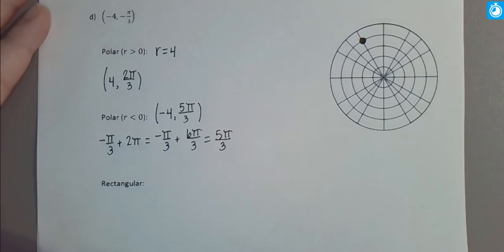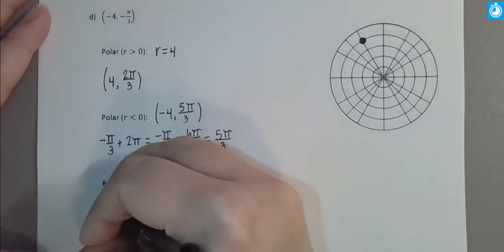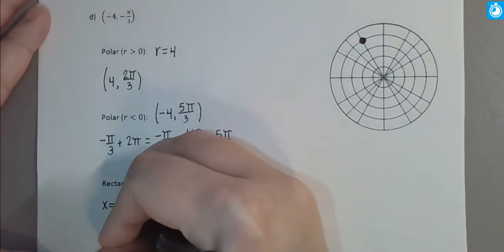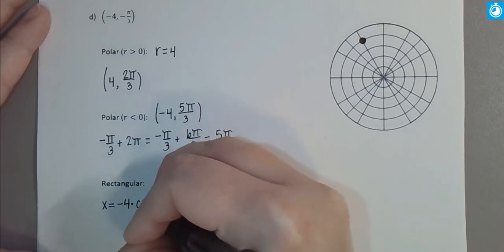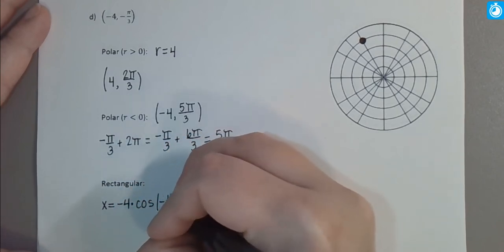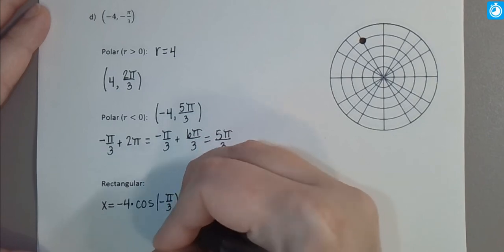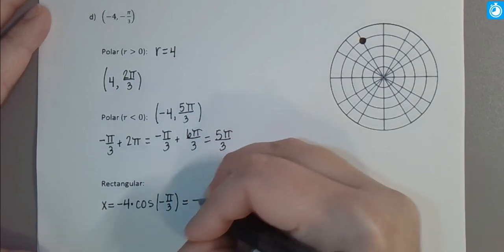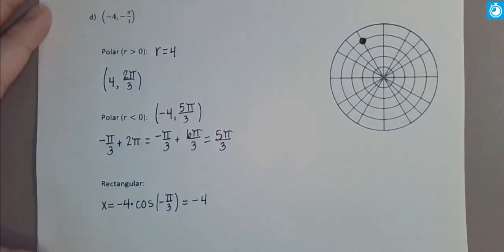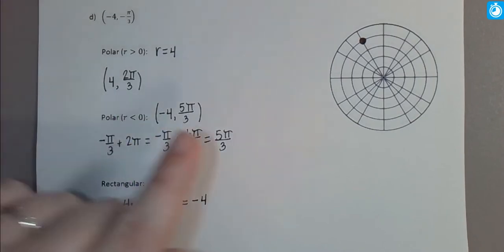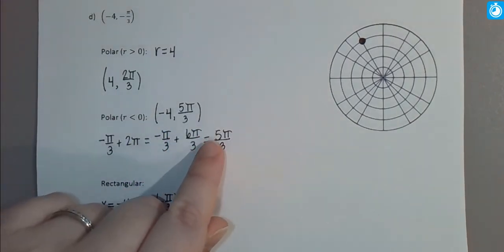And now let's look at our rectangular coordinates. So x is going to be -4 times the cosine of -pi/3. So what's that going to be? Well, what is the cosine of negative pi over 3? This is where those coterminal angles are going to be helpful.